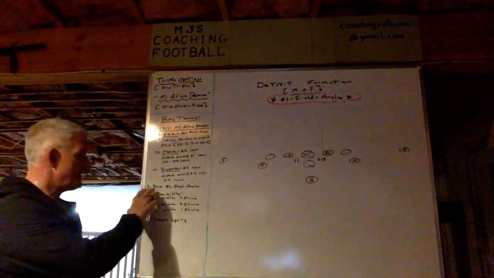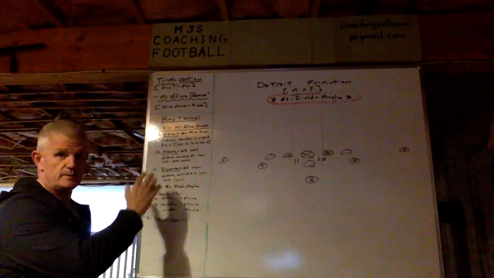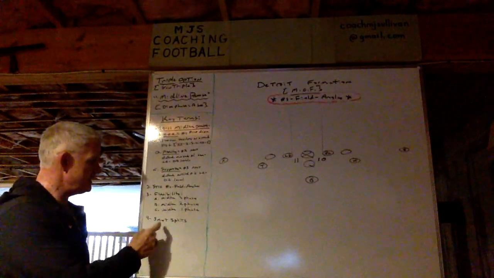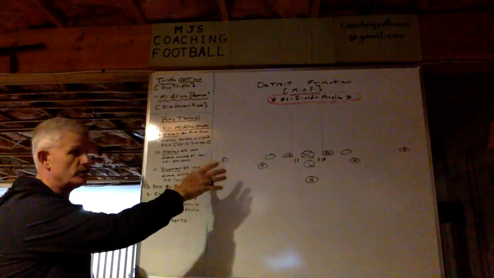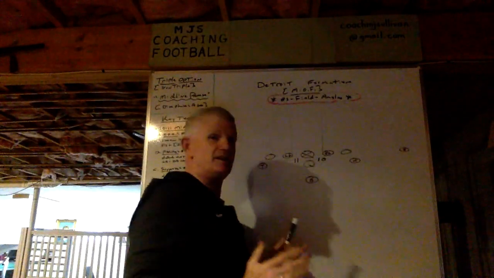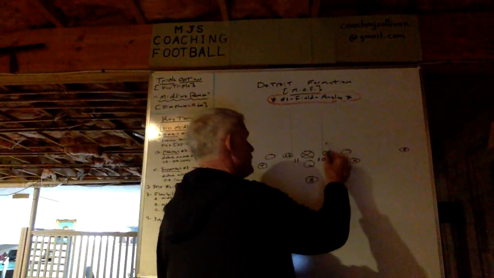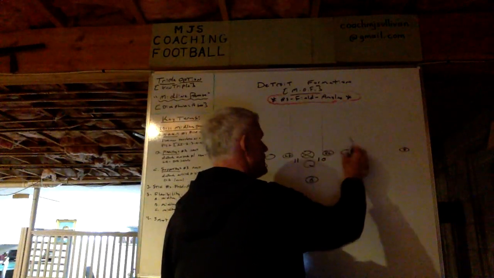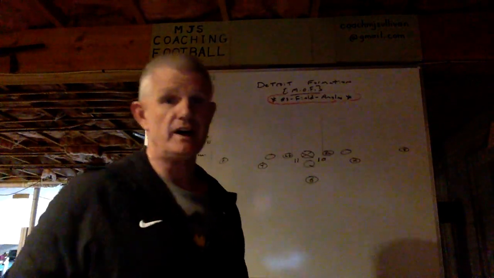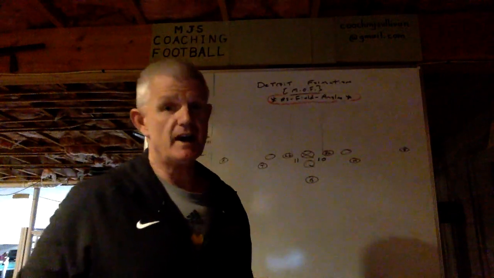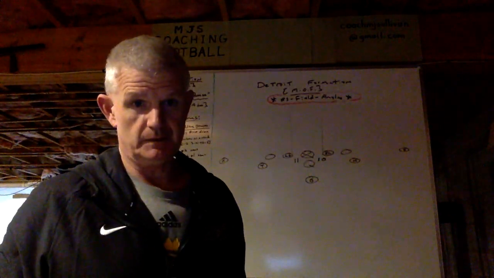Okay? And a part of the whole concept here with the midline is the smart splits, which I will go over now. Okay? Because the landmark for our B-back is the center, we can be very smart with the splits that we utilize with our guard and our tackle.